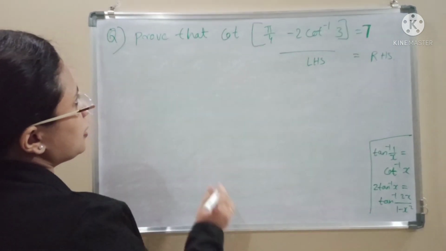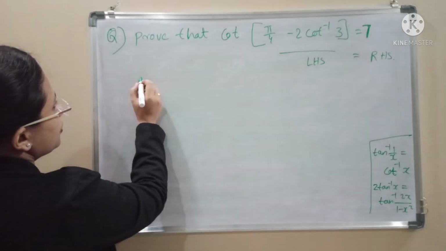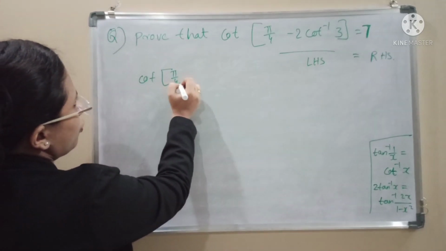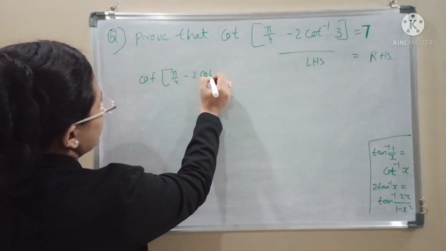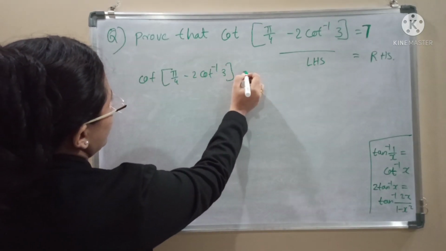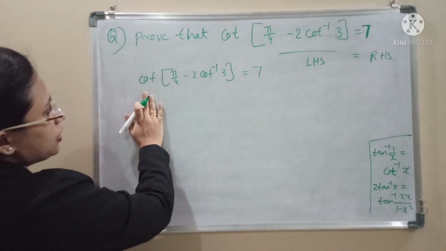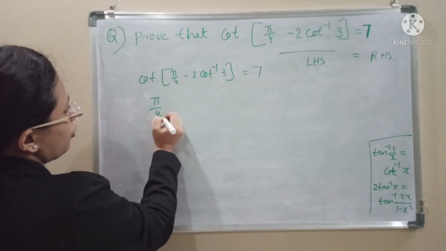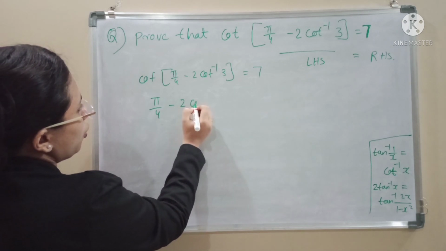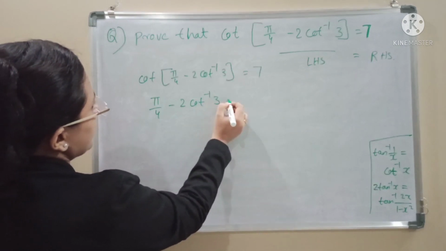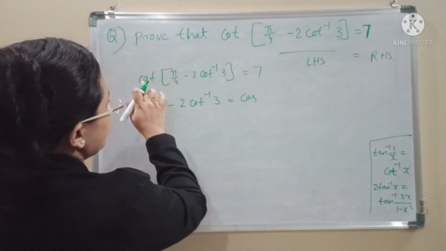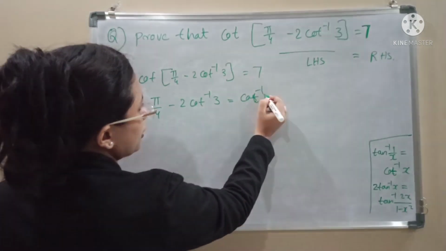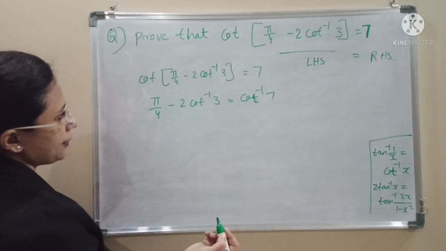So for that, cot of pi by 4 minus 2 cot inverse 3 equals 7. Just remove this cot, so take it this side. Pi over 4 minus 2 cot inverse 3 equals, so here it is cot, right? When it moves here, this will be cot inverse 7. Clear?